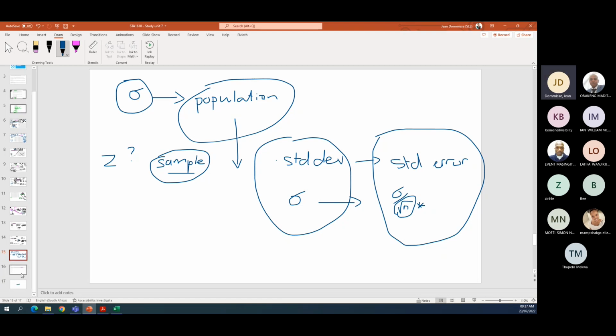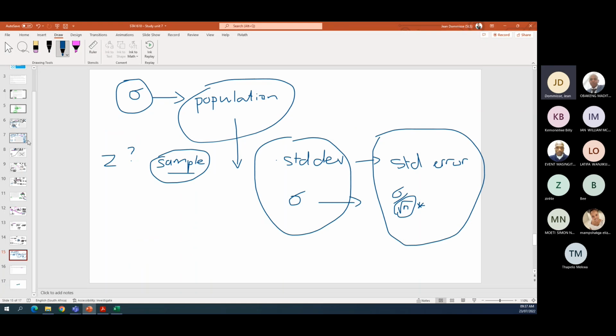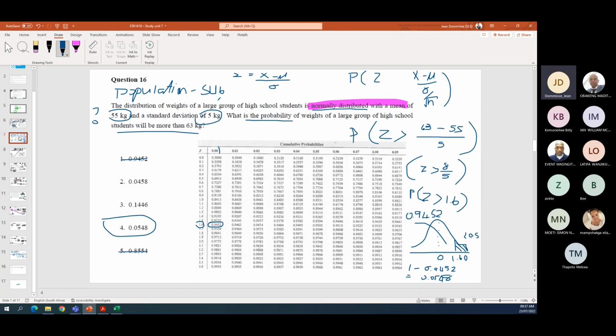And that's why I think it's good that you asked that. That's why it's important. Where was this question? Here they talked about the large group of students.